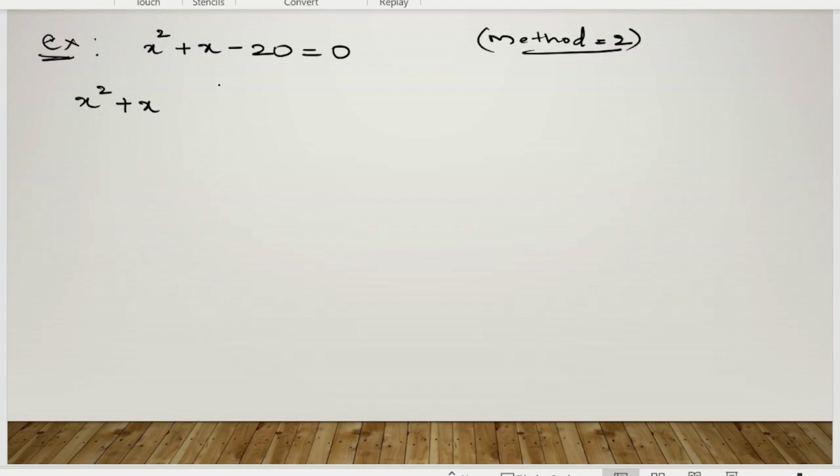Now let us take the first two terms the same, x square plus x, and the third term, which is minus 20, we will take as plus k.